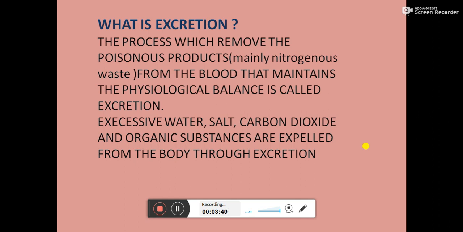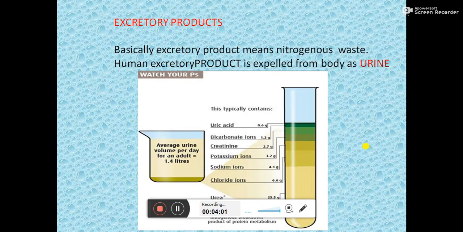Mainly nitrogenous waste product. And what's the goal? The goal is to maintain the physiological balance of the body. So by excretion, excessive water, salt, carbon dioxide, and organic substances are expelled from the body.